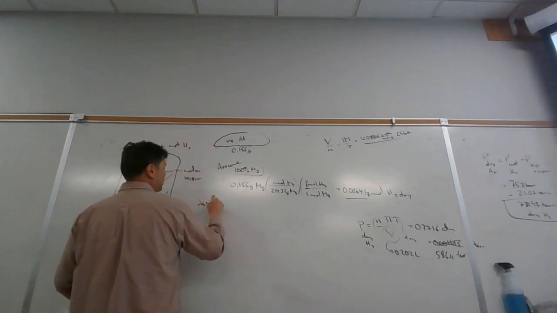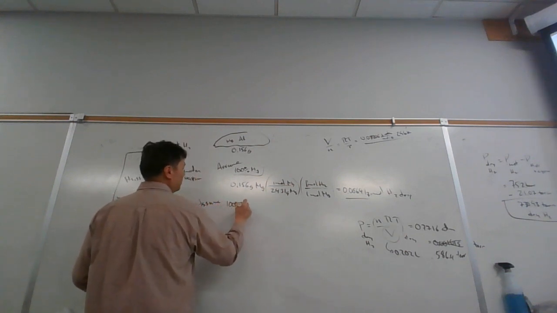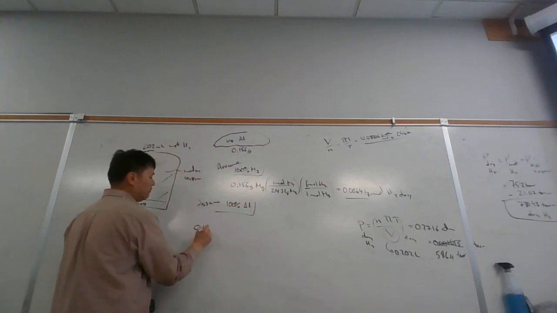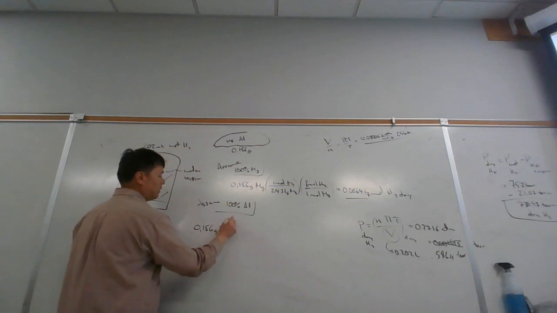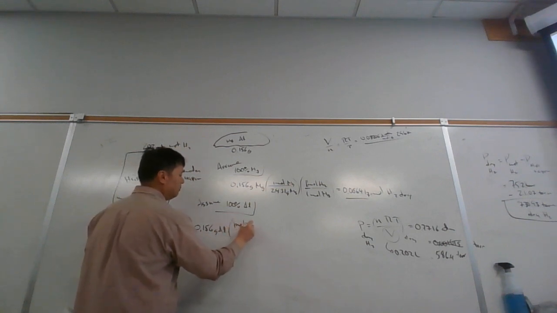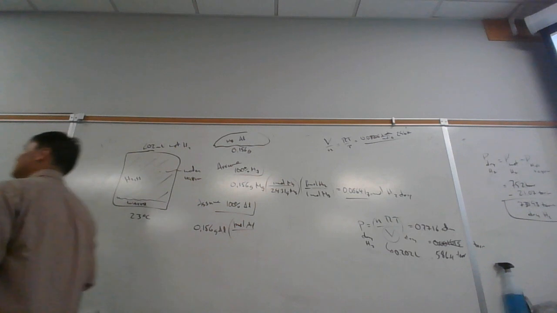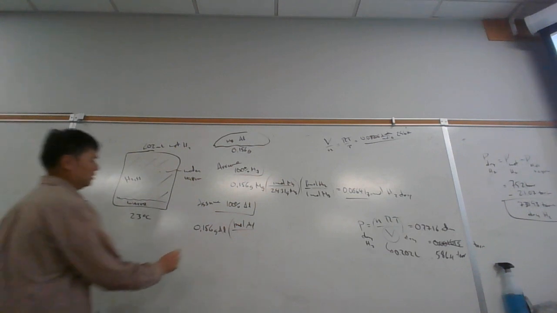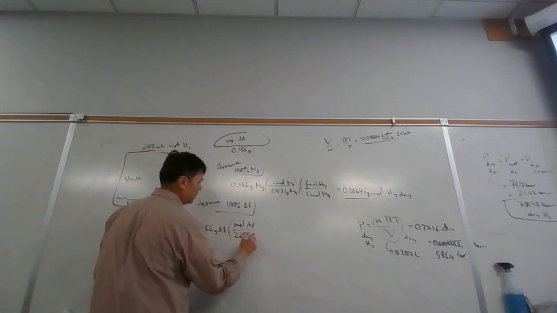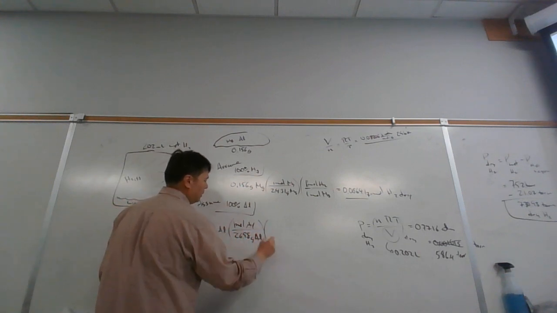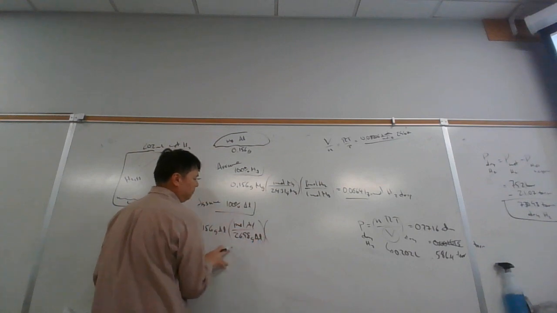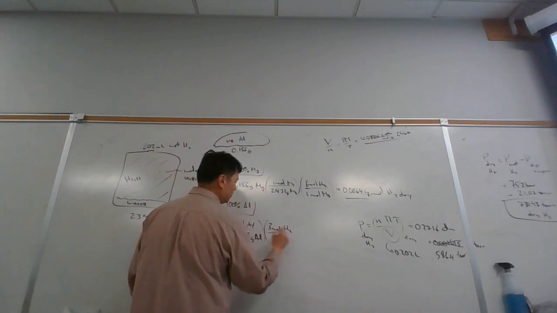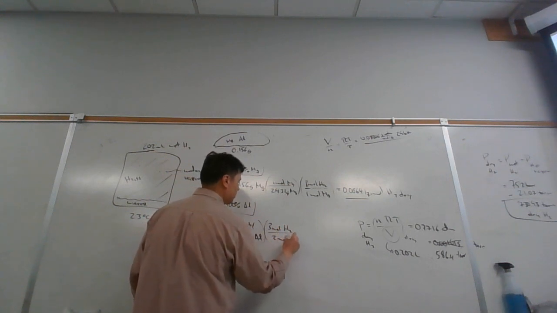And so the next step is we're going to assume 100% aluminum. And so 0.156 grams of aluminum, or a mole of aluminum, weighs 26.98. And then it was a 3 to 2 mole ratio, 3 moles of hydrogen for every 2 moles of aluminum.